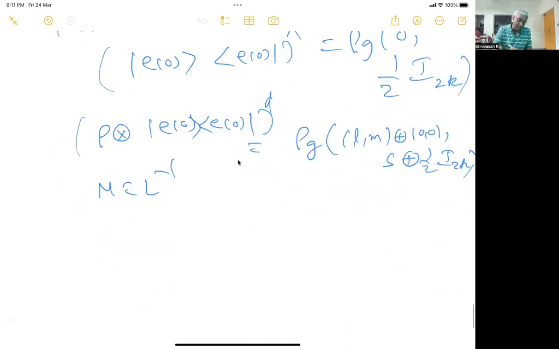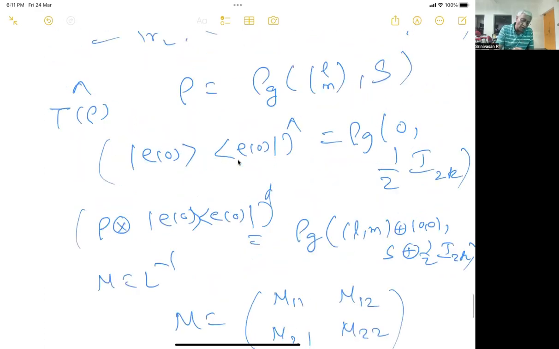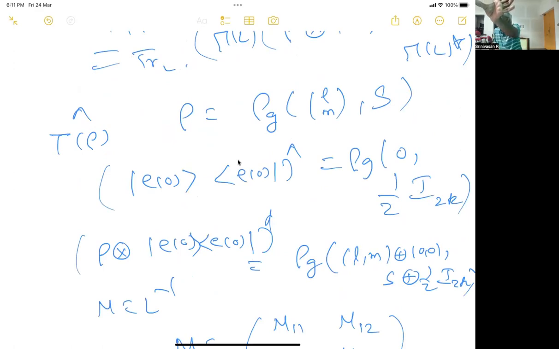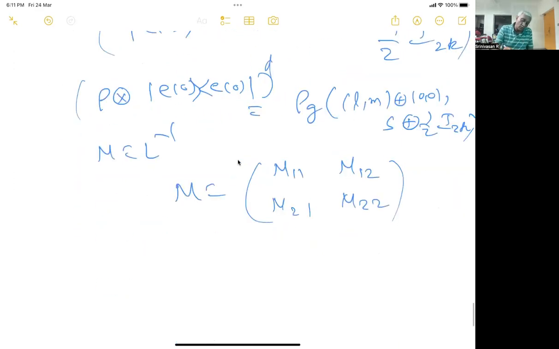Okay. So if M looks like this, M11, M12, M21, M22, but then when you are going to trace out, you are going to take the first n entries. So then this trace of rho hat is going to be just rho G with M11 of LM, right?